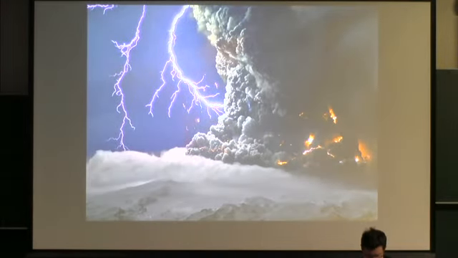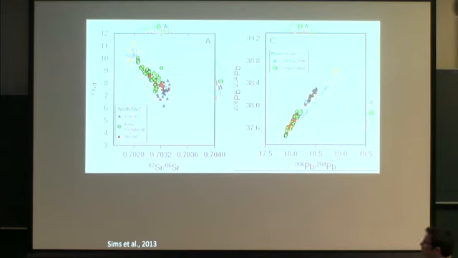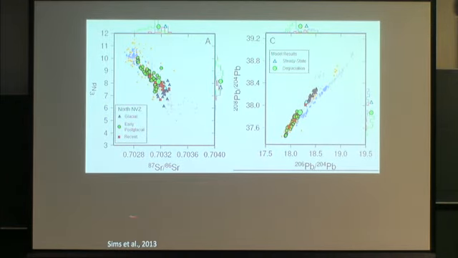Very quickly, I just wanted to return to Iceland and deglaciation. This is looking at some data that Ken Sims collected a couple of years ago, on the isotopic composition of the basalts from the Theistareykir segment in northern Iceland. Andreas Stracke had done a lot of work on early post-glacial and recent flows.